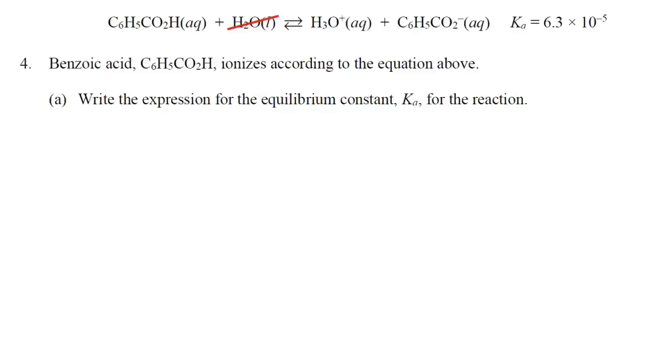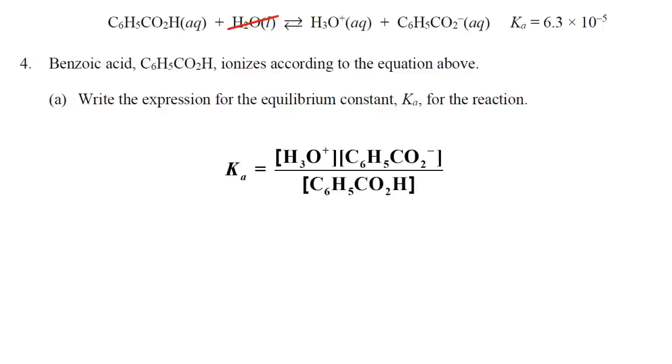So it's going to be the concentration of the hydronium ion times the concentration of the benzoate ion, which is C6H5CO2-, that's the conjugate base of benzoic acid, and then divided by the concentration of benzoic acid. So that is our Ka expression for part A.